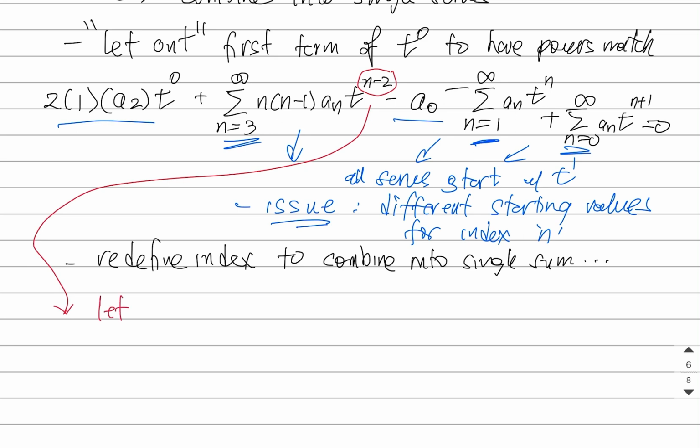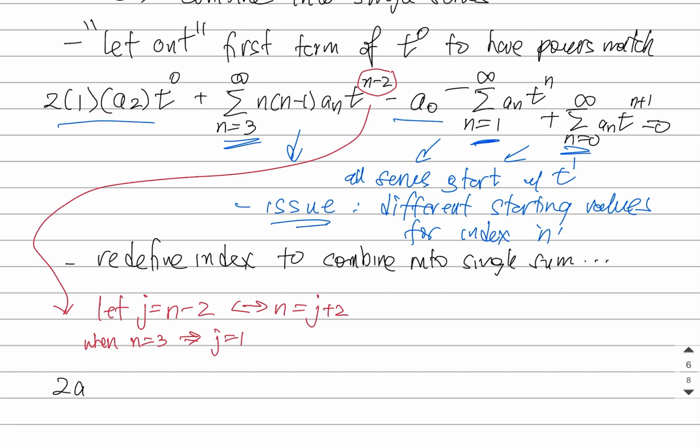We're going to let j equal that value of the exponent, n minus 2. So if you needed to, you could replace n with j plus 2, which we're going to need in these coefficients. Now, when n is equal to 3, j starts at 1, and clearly when n goes to infinity, j will go to infinity as well.